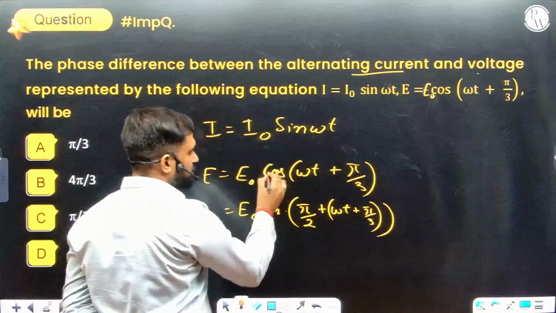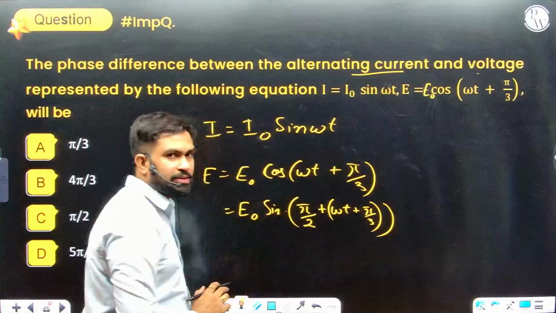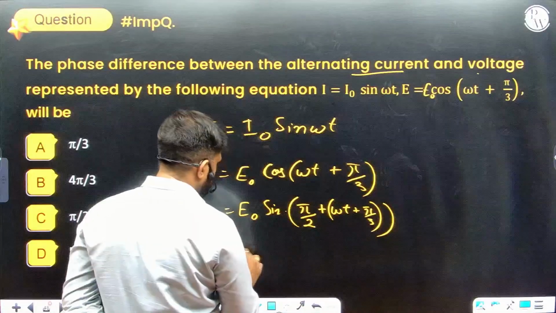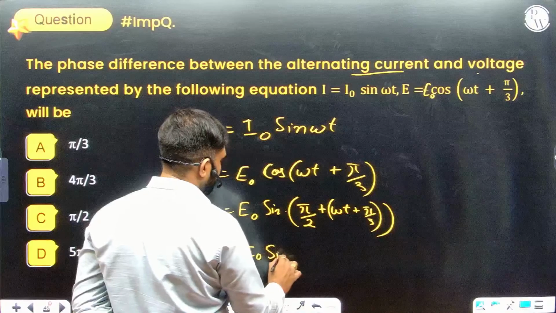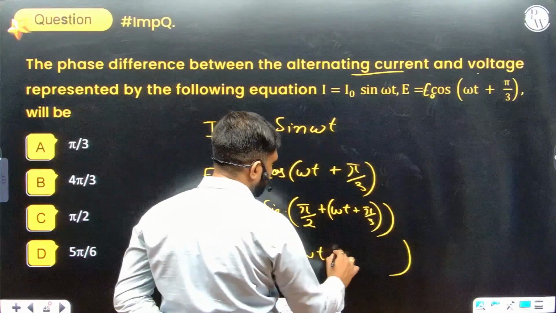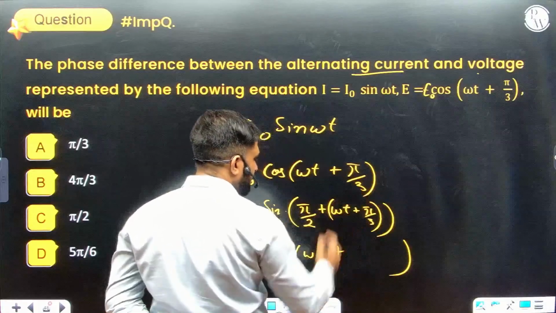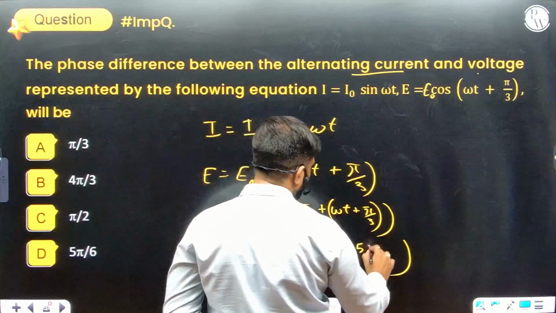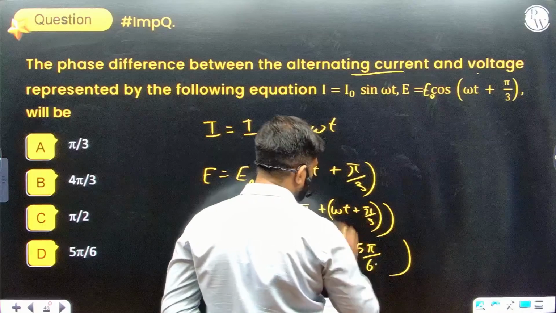I need the positive cos, so this is also correct. Then E naught sine of pi by 2 and pi by 3 get added, and cross multiplying gives 5 pi by 6.